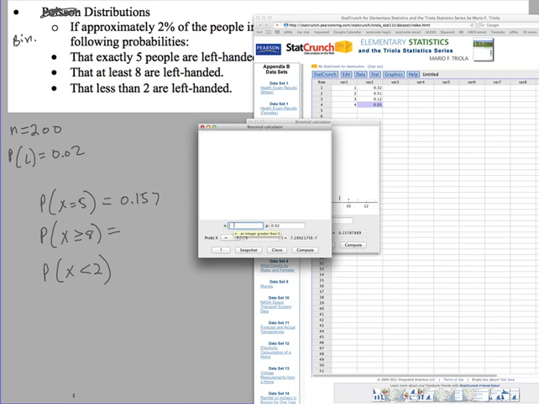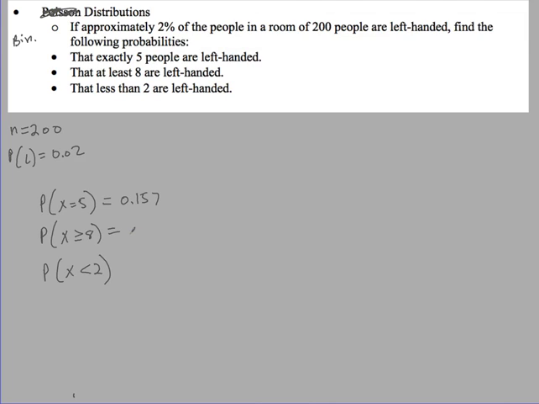This should be 200. Yeah, okay, so that was right. Now I need to just change this to an 8, and change the sign to greater than or equal to. So there's about a 5% chance.